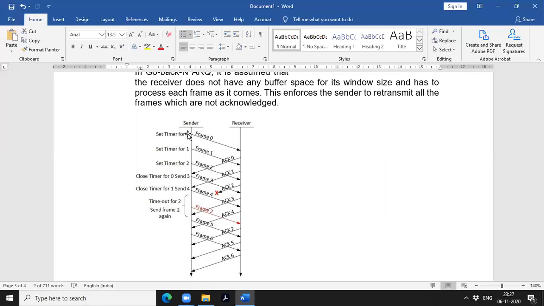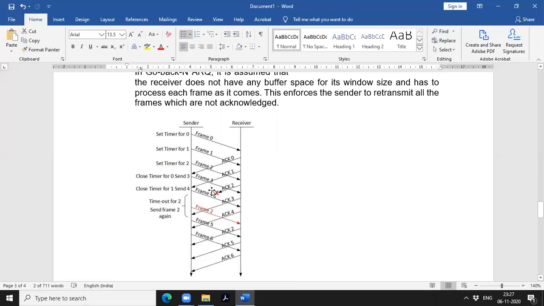If you see here, frame 0, frame 1, frame 2, frame 3 and frame 4 will be transmitted to the receiver side. Again here we receive an acknowledgement for the first two frames alone. We have not received one for the third frame, that is, we have not received for frame 2.